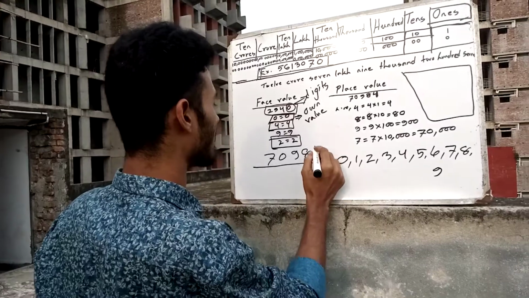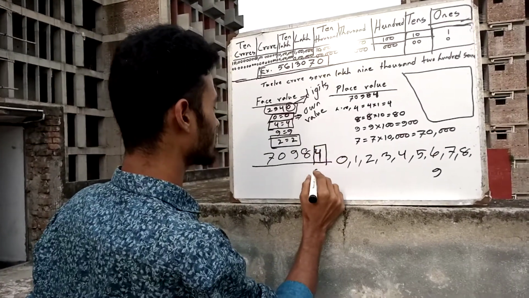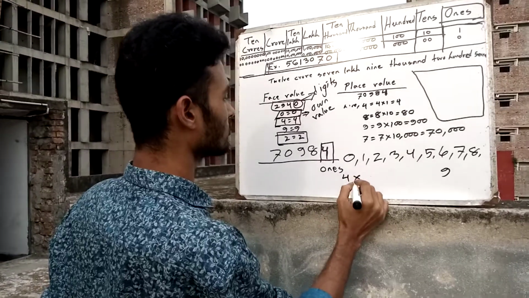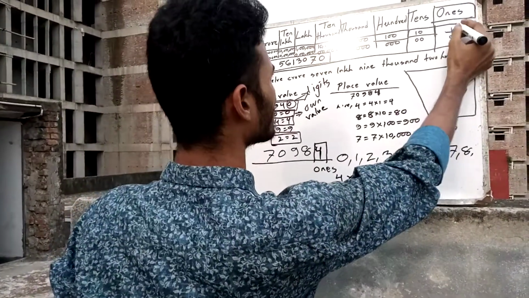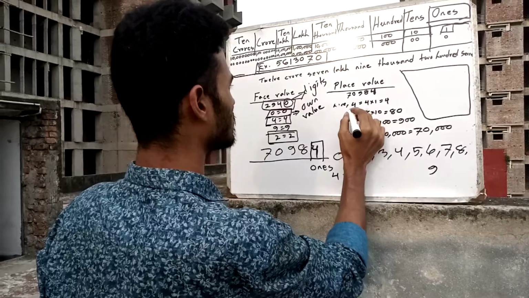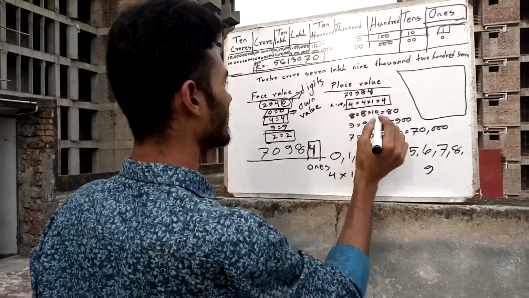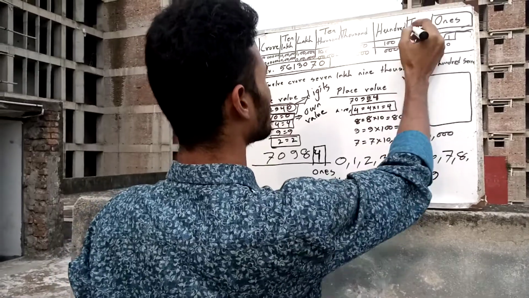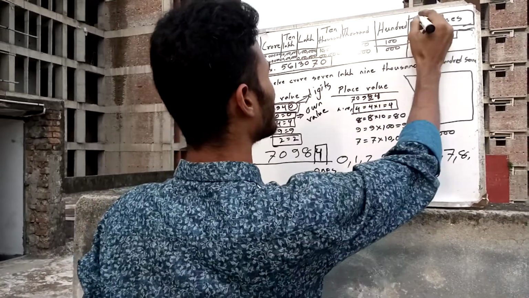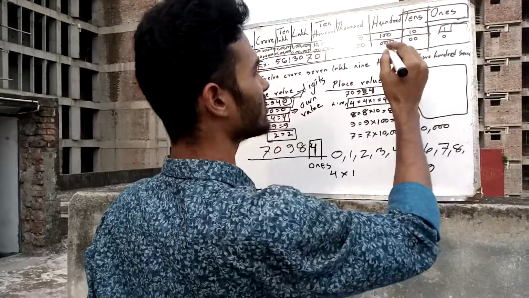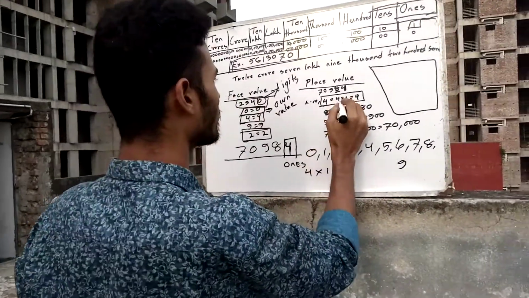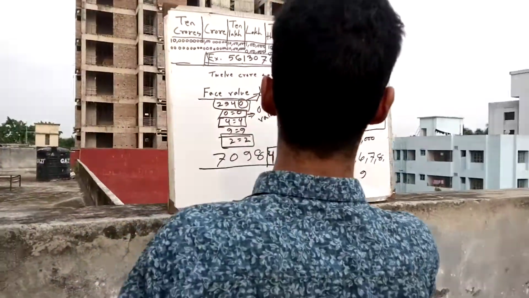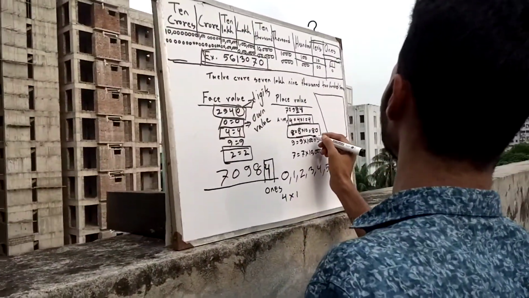First is ones, so 4 into 1 equals 4. Then go for 8. 8 is in the tens position, so according to our value chart we multiply 8 by 10, and 80 is found.